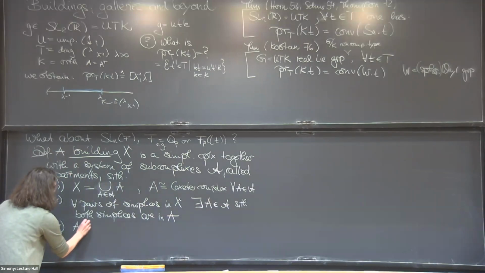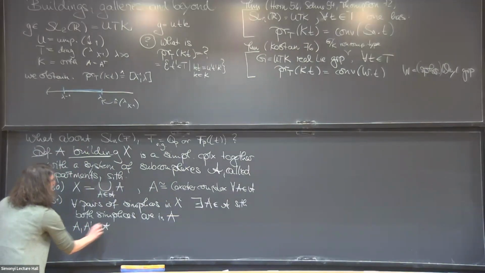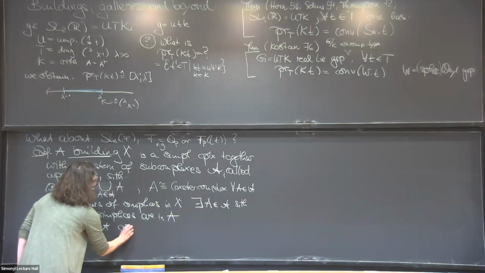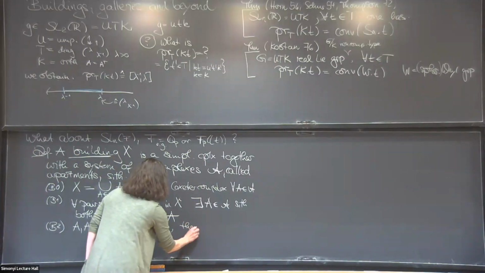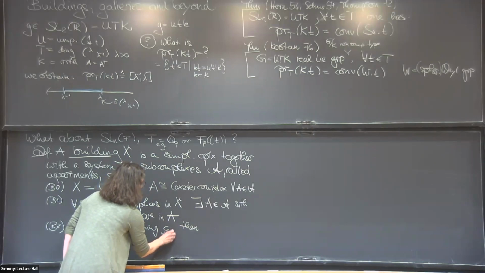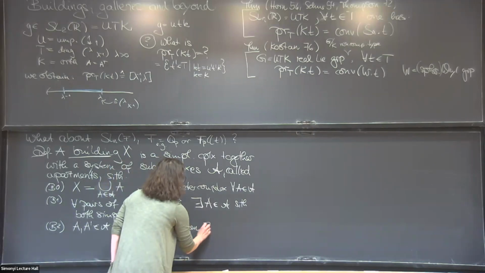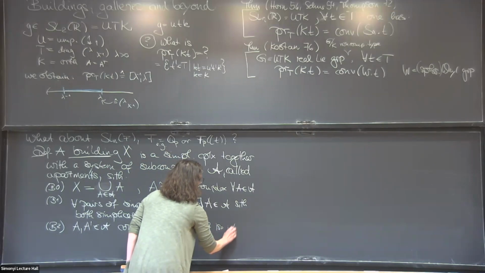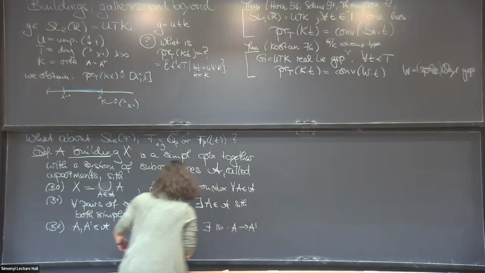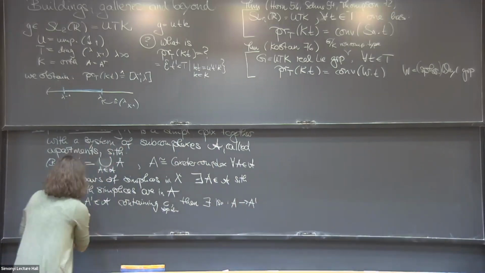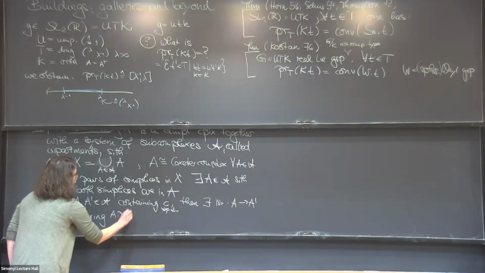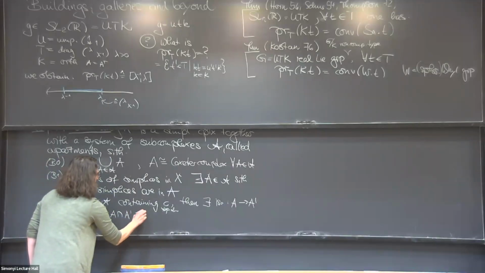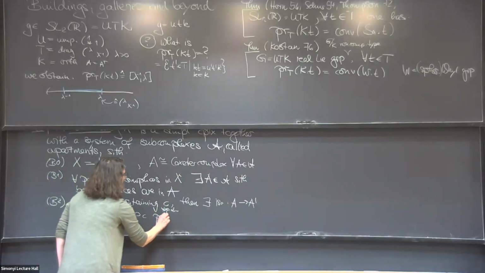So whenever you have an A' in your apartment system, both containing a simplex C, which should be top dimensional, then there exists an isomorphism from A onto A', fixing their entire intersection, including C, pointwise.